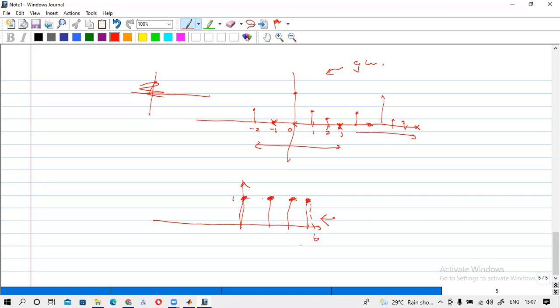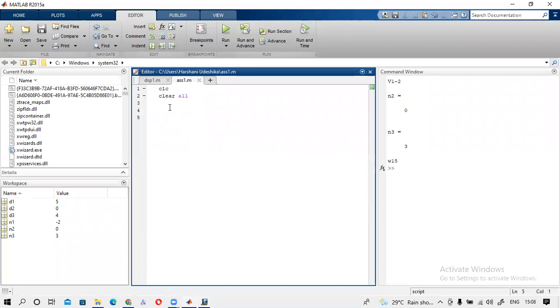I think you can use your common sense to draw the signal. First, you have to define the n. Let's say n from minus 2 to something. This n is a sample, so these are integers, so you have to take one increment.